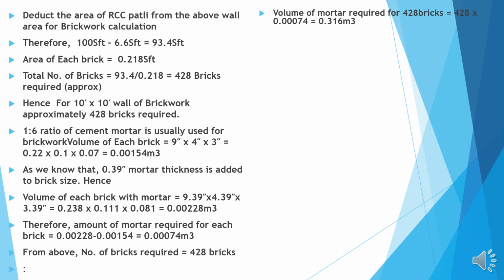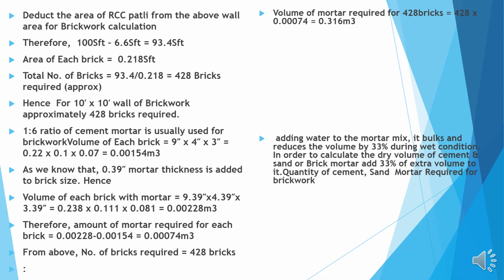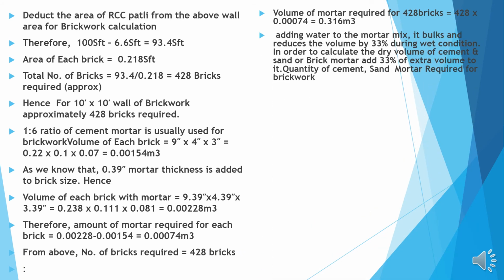Volume of mortar required for 428 bricks is equal to 428 into 0.00074. That makes 0.316 cubic meter. When water is added to the dry mortar, the volume reduces by 33% due to bulkage and so on. So for dry mortar, we have to add 33% to cover the dry to wet volume as well as the voids.